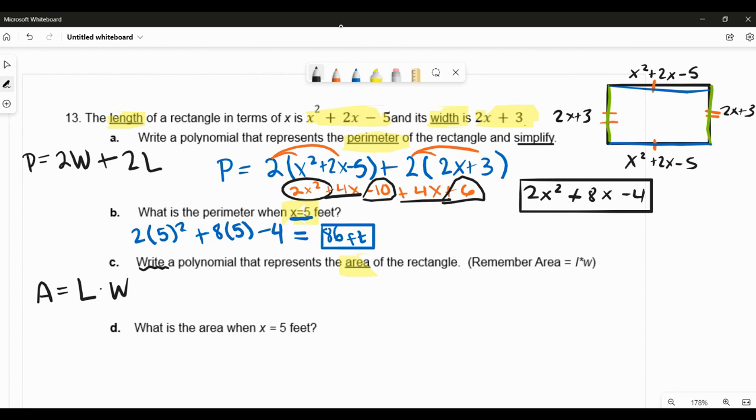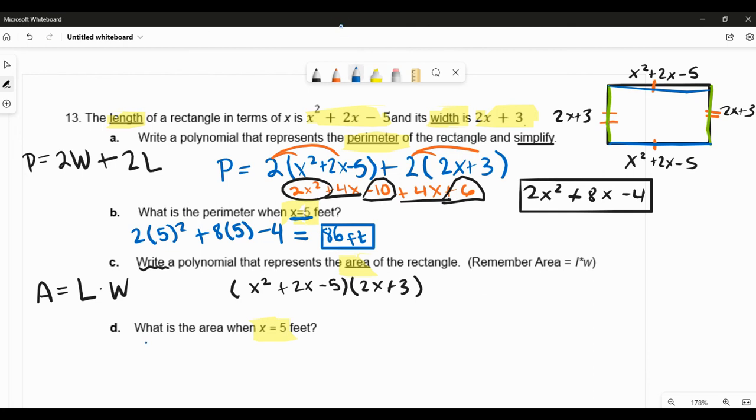So length times width, that's going to be (x squared plus 2x minus 5), and since it's times, we're going to put another parentheses right next to it, (2x plus 3). Now we could simplify this using our product skills by multiplying, but it didn't ask us to, so let's not do more work than we have to. And finally, just like before, to find the area, I need to plug in 5 for x.